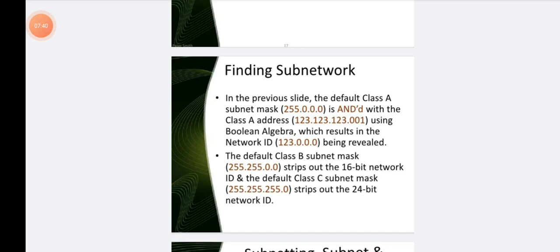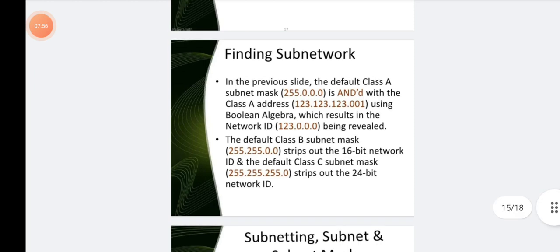The default class B subnet mask 255.255.0.0 strips out the 16-bit network ID, and the default class C subnet mask 255.255.255.0 strips out the 24-bit network ID.